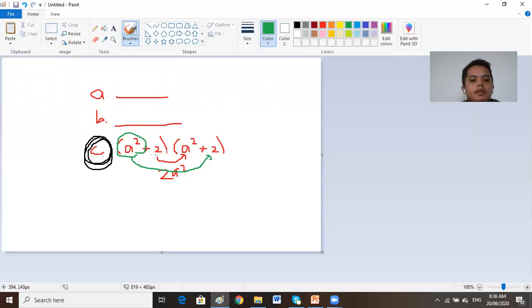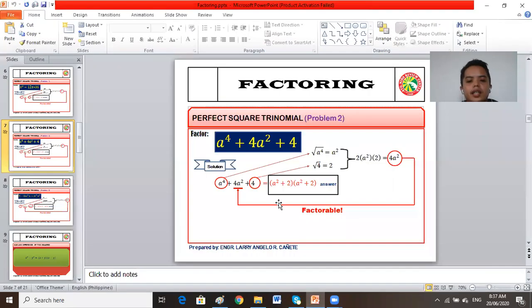So same, the result is 2a squared. After that, you add. So the result is 4a squared. So looking at the given here, 4a squared. So you got, or it is the same with the middle term, positive.